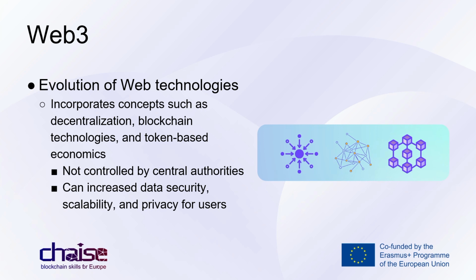The concept is to not introduce any central authorities to control the application or to control the web. So it means a decentralized web that can increase data security, scalability, and privacy for users. This concept is emerging, and you can explore more in detail.